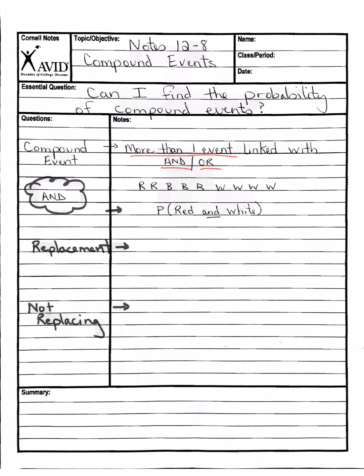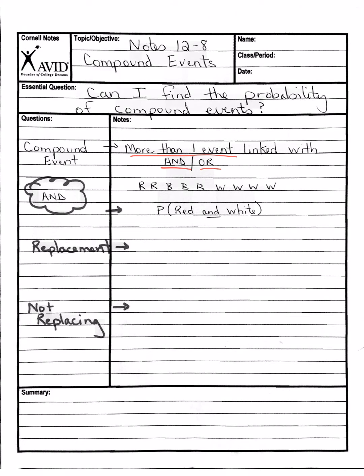So let's just jump right in and take a look at a compound event using the word and. The R's here stand for red, the B's stand for blue, and the W stands for white. Red, blue, and white. So we can think of these as like blocks in a bag.